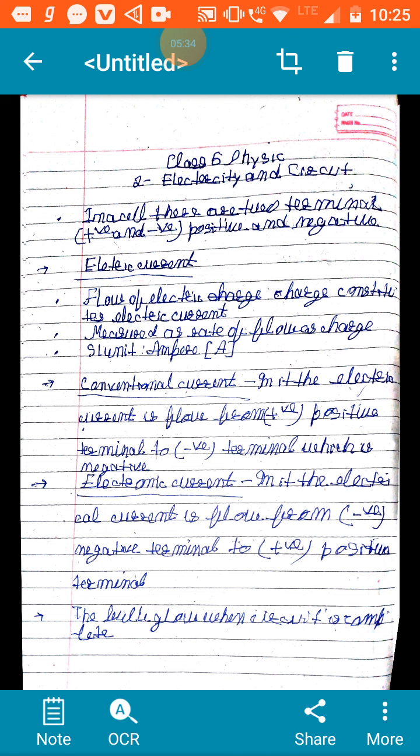Electronic current: in it, the electric current flows from the negative terminal to the positive terminal.